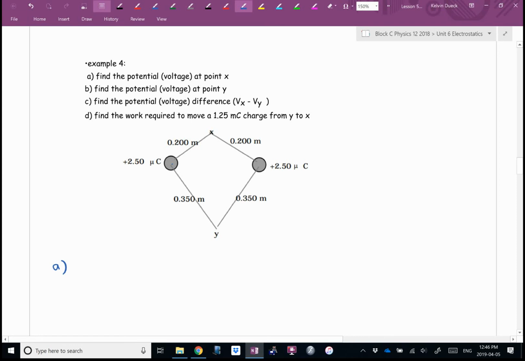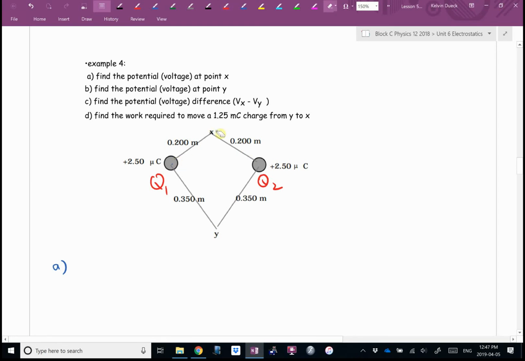I think the very first thing I'm going to do is label this Q1 and this Q2. Although, Trevor, what do you notice about the magnitude of Q1 compared to Q2? They are the same. And what do you notice about this distance from X compared to this distance from X? They are the same. So I'm going to be lazy.